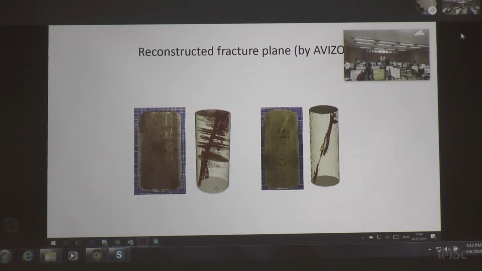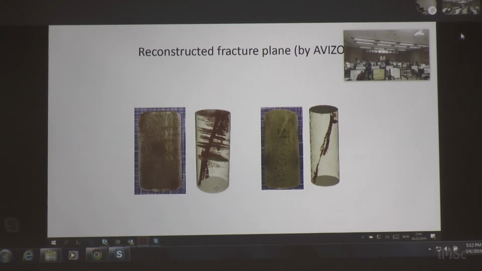The first picture is the real sample, and the second is the reconstructed microCT image. You can see a fracture plane like a shear plane, and also there are weak layers inside the sample.